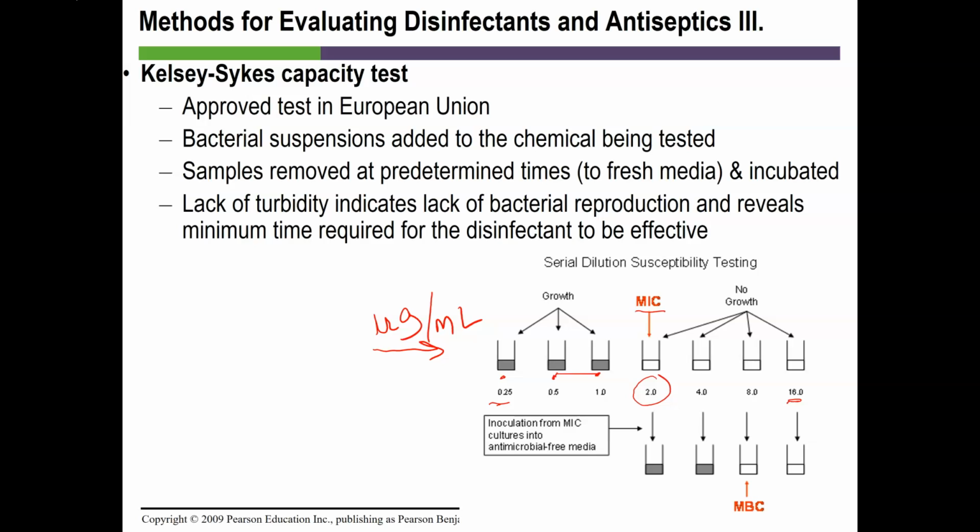In the next step, you take all of the tubes where you did not see growth and you take a small amount of that liquid medium and add it to fresh medium. Now you have an extremely small amount of disinfectant transferred because you just transfer a very tiny bit of disinfectant and move it into the fresh medium. However, if there were surviving cells in that volume that you moved, they will now grow in the fresh medium.